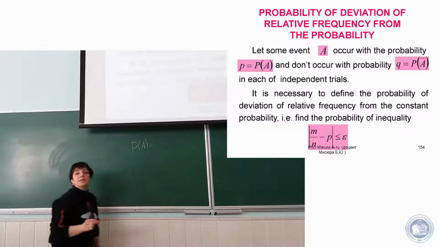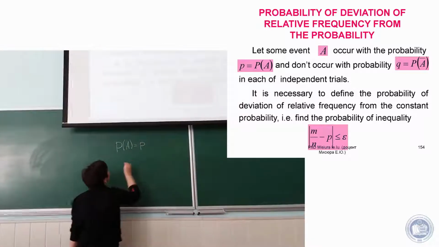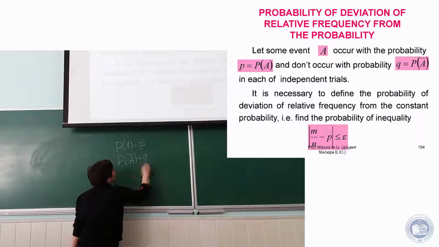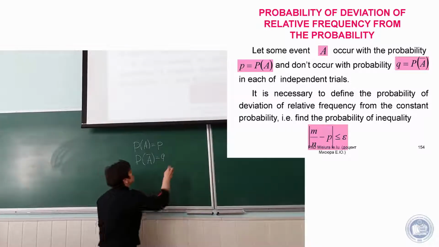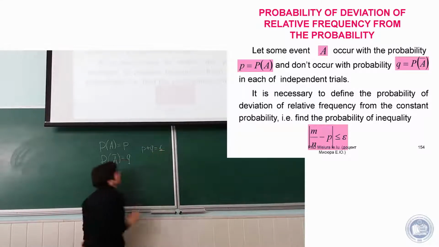You know that P of A equals little p. P of not A equals little q. You remember, P plus Q equals 1. Is that correct?